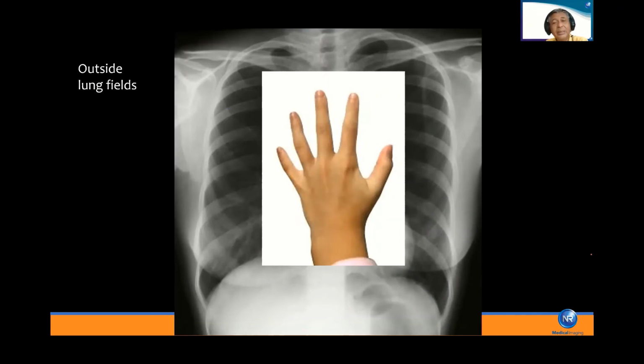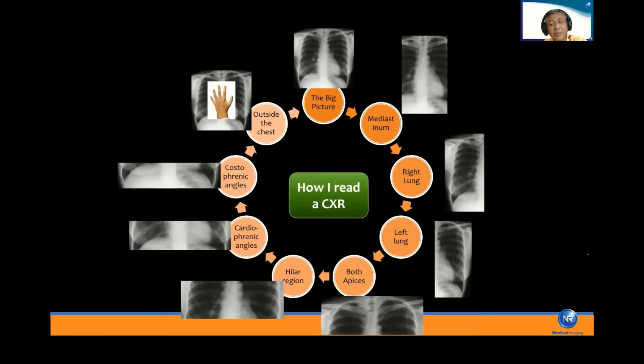I mentally block my vision and look just outside the chest wall, to see if there is anything in the soft tissue that I could have missed. Sometimes I physically put a piece of paper in the middle so that it doesn't distract me. Then I look around again.